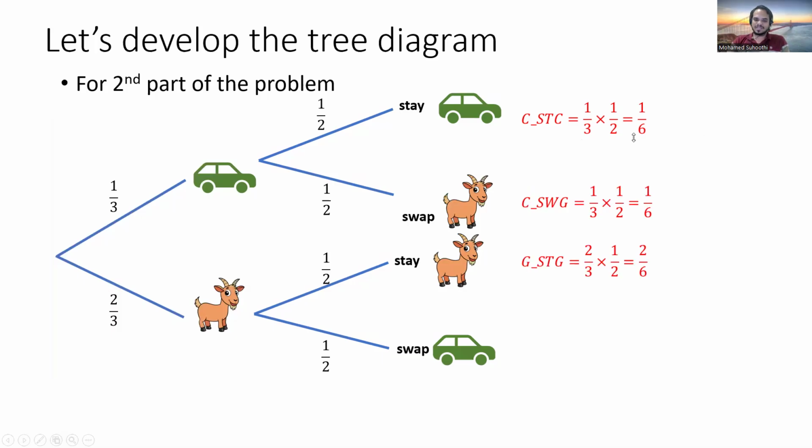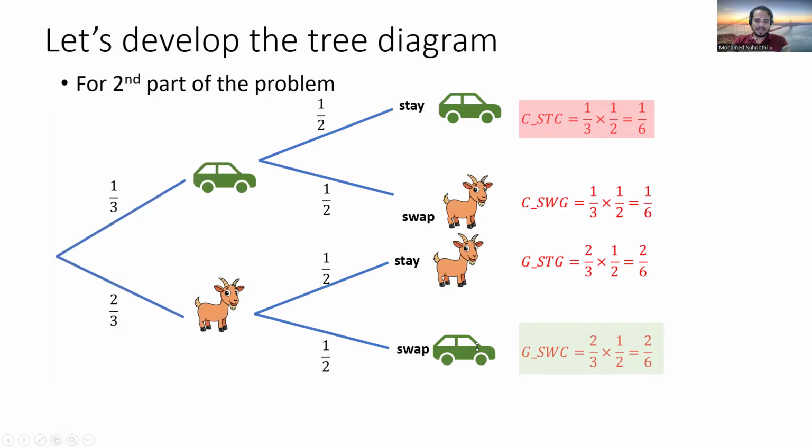Similarly, I calculate all the other cases. The last case I also calculate as just the multiplication of these two. Now you can see that out of the first and last options, the last option has a higher probability. So we have a higher chance to win the car if we swap the choice during the second part of the program.